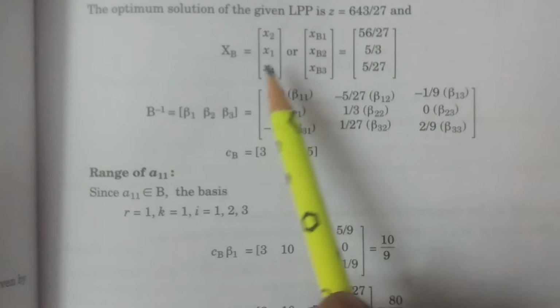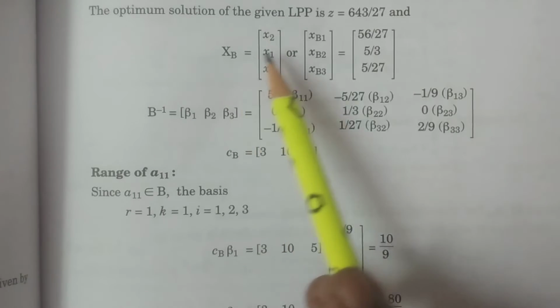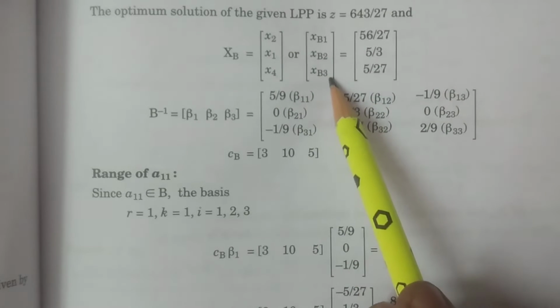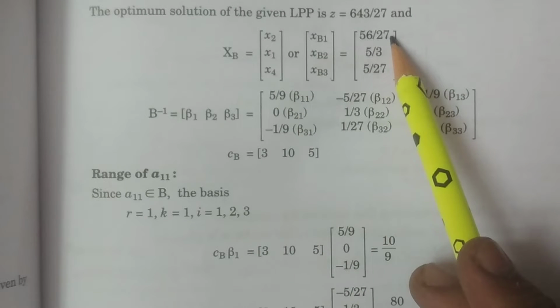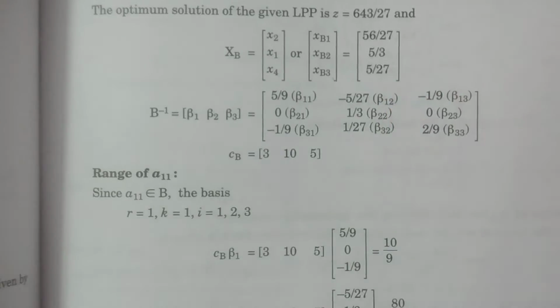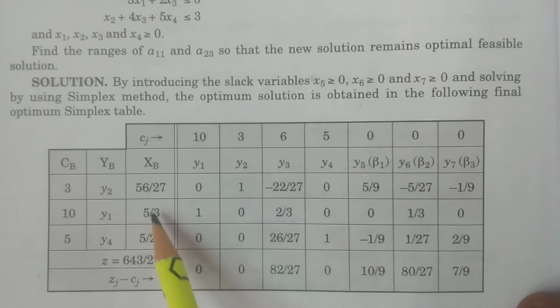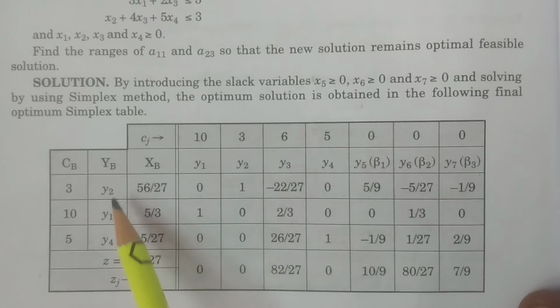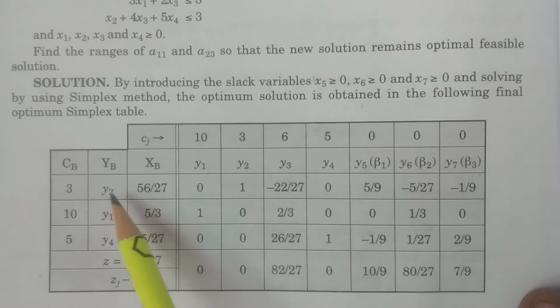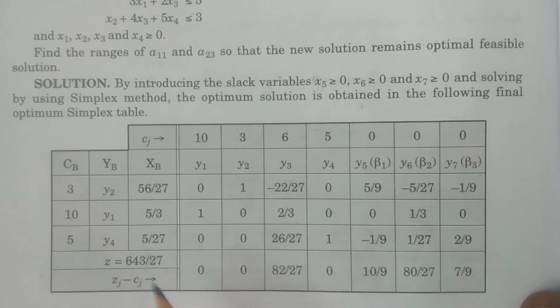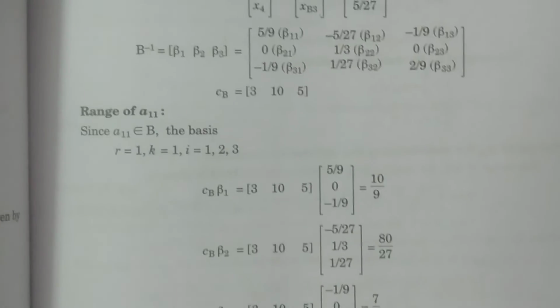XB, that is XB1, XB2, XB3, corresponding to X2, X1, X4, are 56 by 27, 5 by 3 and 5 by 27, and Z is equal to 643 by 27. So these are the values we have considered.